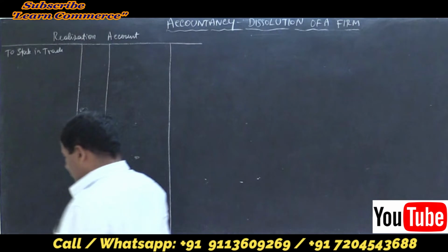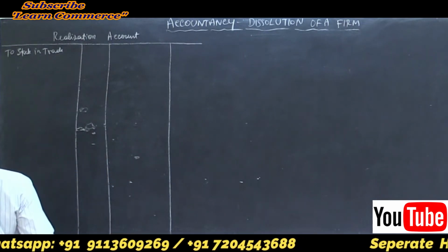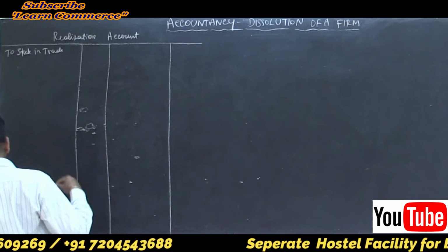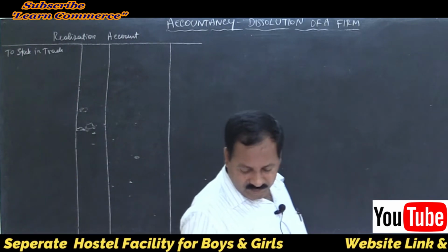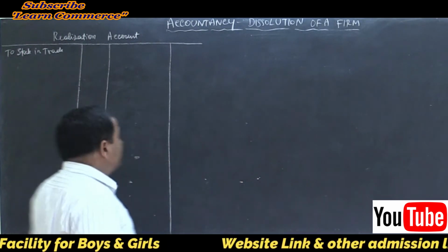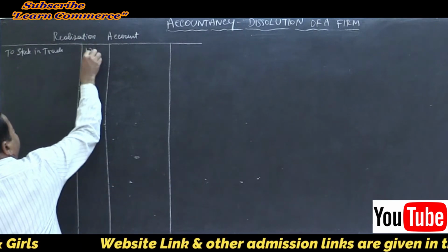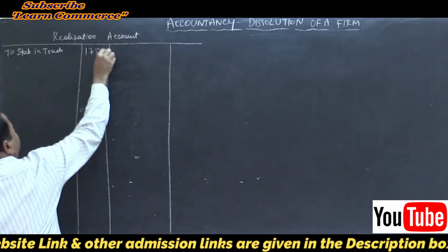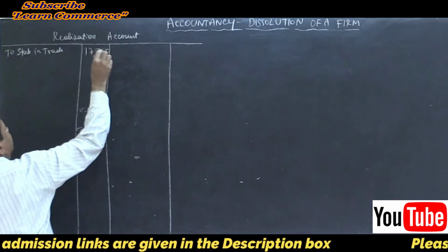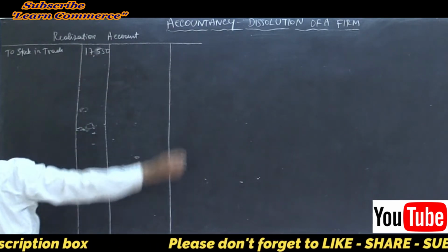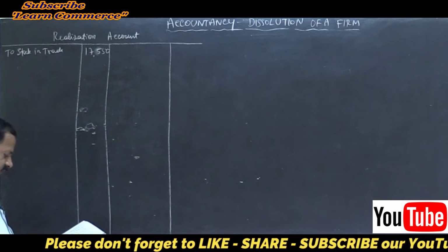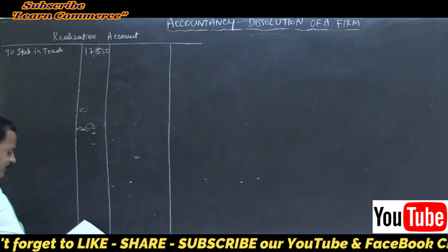How much? Sorry, 17,550 I think. Stock in trade, yes it is 17,550. Then machinery account 40,500.